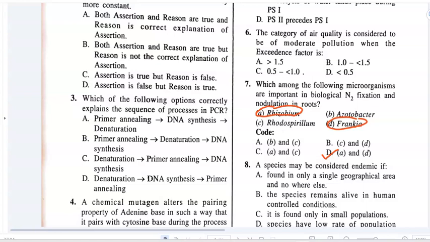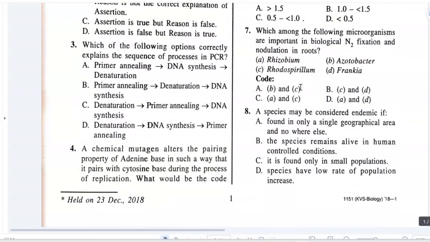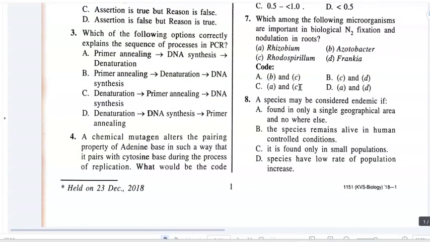Now question number 8. A species is considered to be endemic if it is found in only a single geographical area and nowhere else.